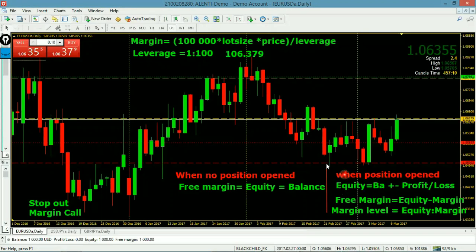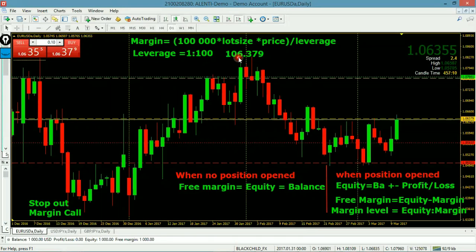Why? Because the broker holds back your margin. Your margin is the amount of money which is needed to maintain your position or to keep your transaction open. So the broker holds back that margin, right?